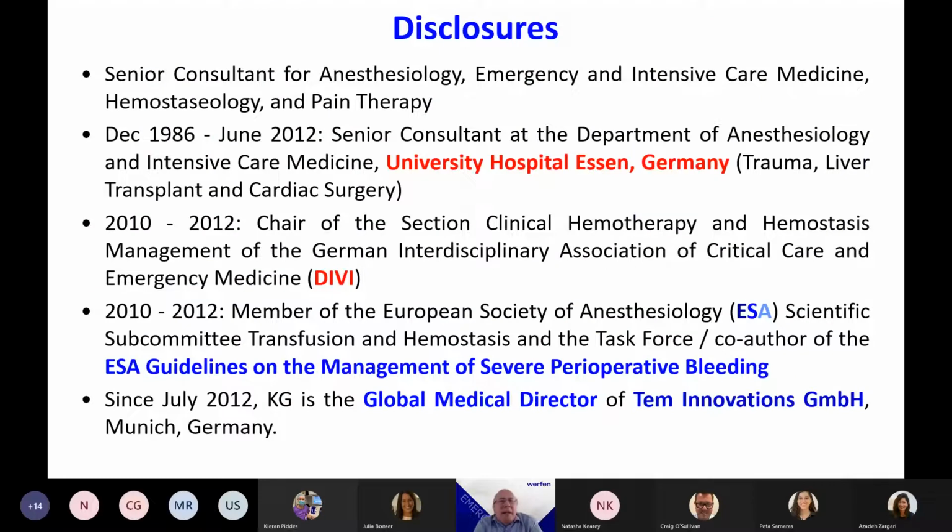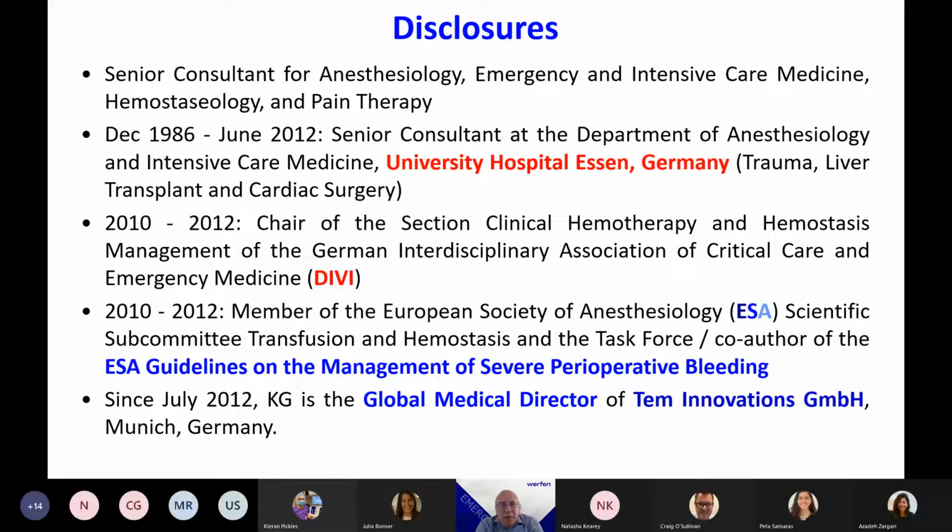A little bit about my background. I'm a senior consultant for anesthesiology, emergency and intensive care medicine, and hemostasiology, and worked 26 years at the University Hospital of Essen in Germany. So we started with goal-directed bleeding management using ROTEM in 1998, first in liver transplants, and then also used it more and more in other settings like trauma, cardiac surgery, pediatrics, ICU, and of course nowadays also very important in COVID-19.